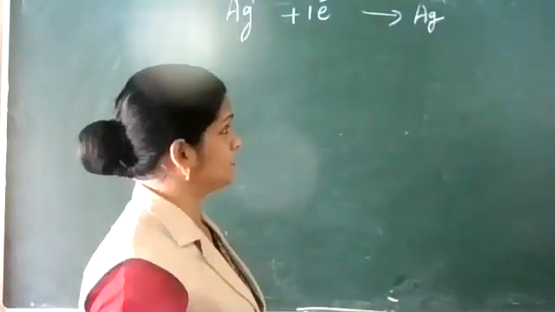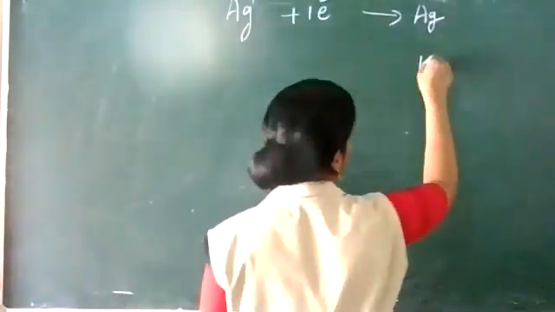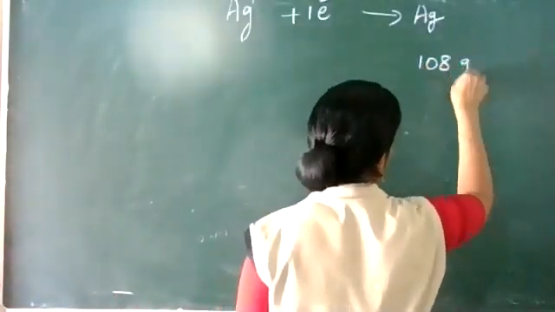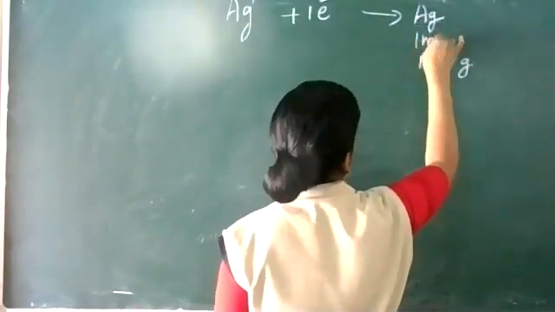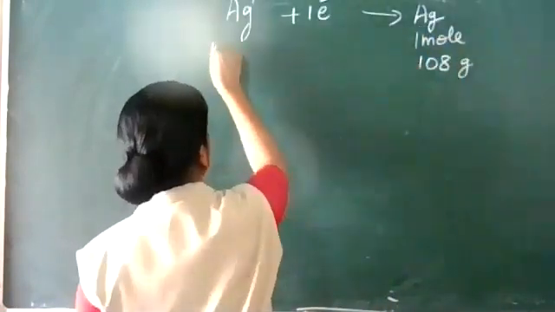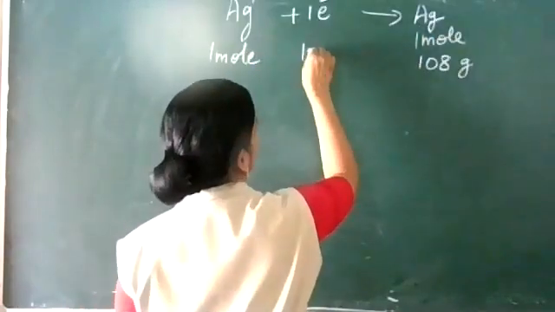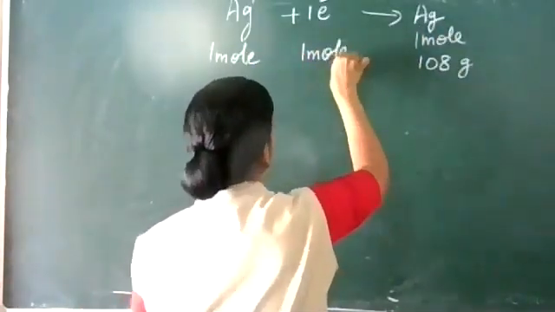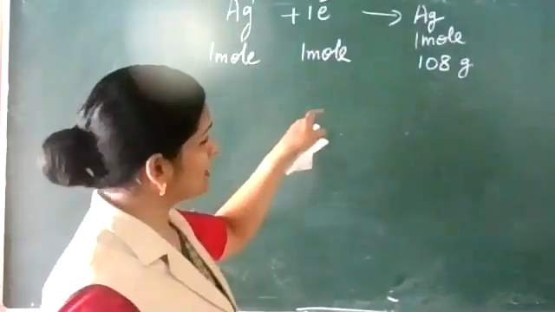Silver's molar mass is 108 grams per mole. So I will be considering 1 mole there. So here I have to consider 1 mole of silver ions and 1 mole of electrons.